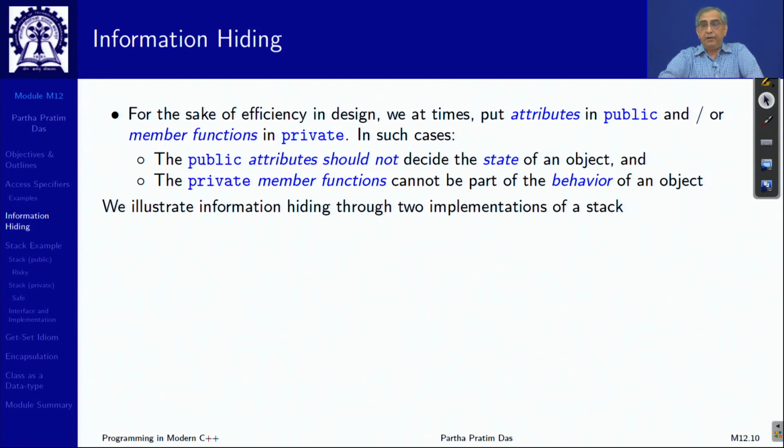So, that kind of situation will need it, but remember that it should never form a part of the state. And in the same manner, naturally it is a compiler restriction by itself: private member functions can never be part of the behavior, because they cannot be accessed from outside. They are just for your own convenience.